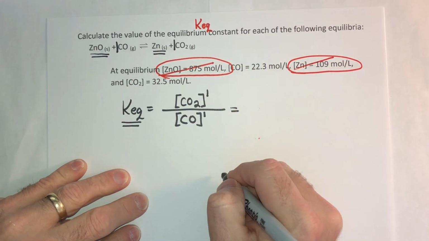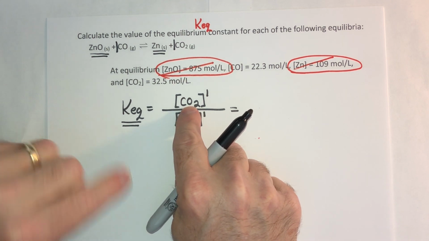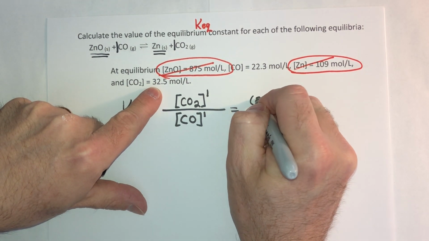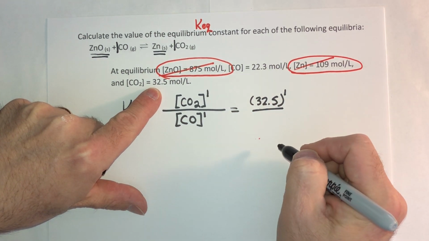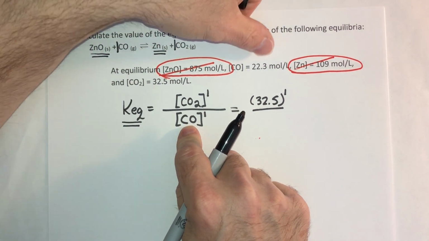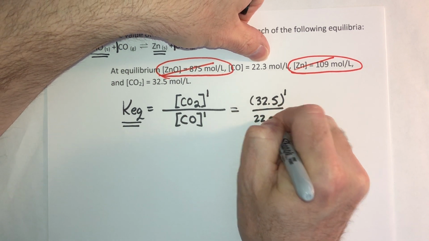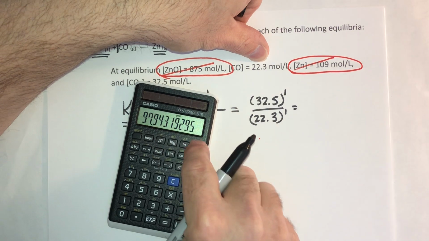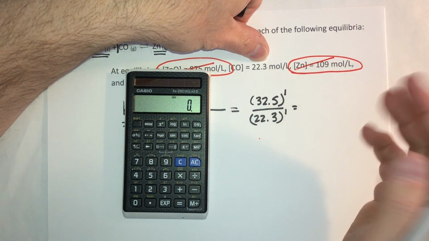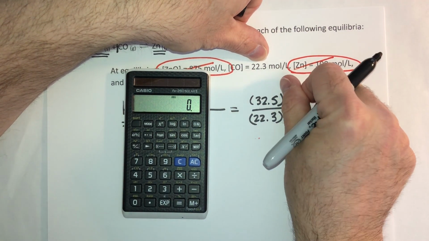All right, so if we put our numbers in, the concentration of carbon dioxide, 32.5 to the power of 1. The concentration of carbon monoxide, 22.3, also to the power of 1. So if we pull out our calculator. Now remember, power of 1 doesn't do anything, so it's like it's not even there.